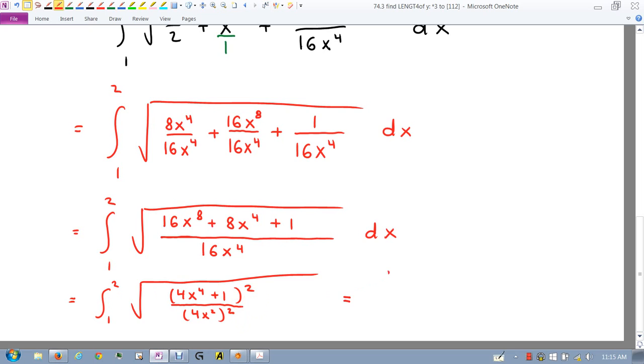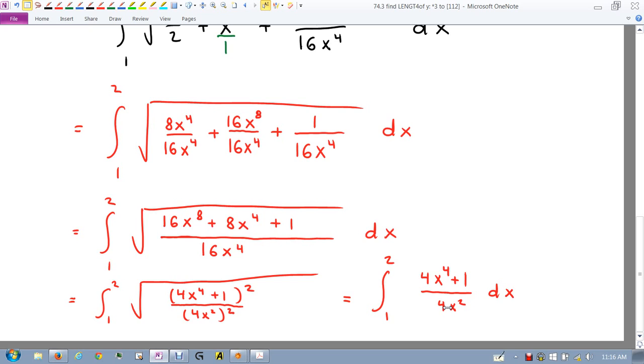That's the whole point, is that it works out where the square root on the outside is going to wind up going away. You have 4x to the fourth plus 1 on top. On bottom, all you have is 4x squared dx, and then what can you do with this? Split it up, right? You could do this over this, and then 1 over this. It's just a polynomial, and then you integrate and you're done.